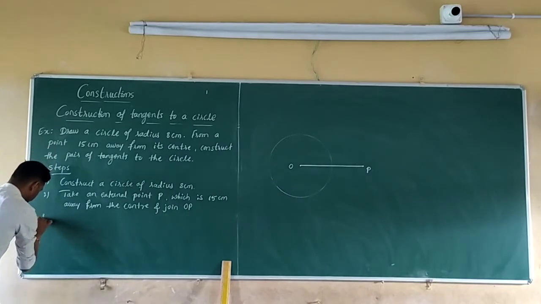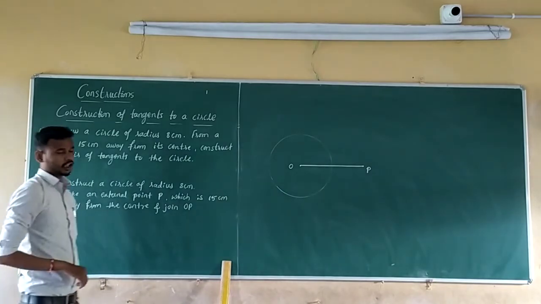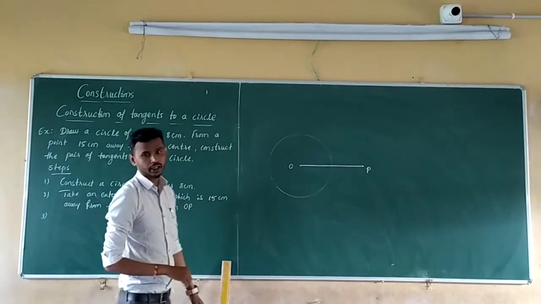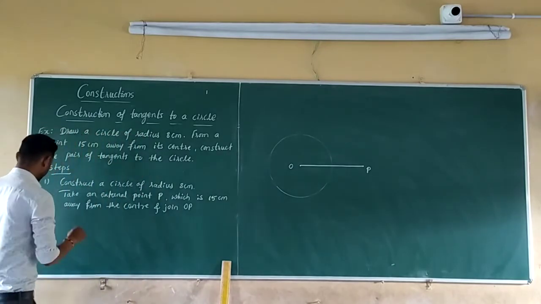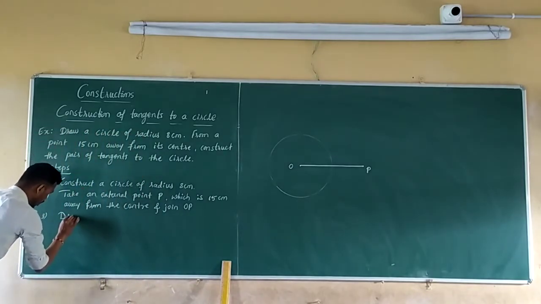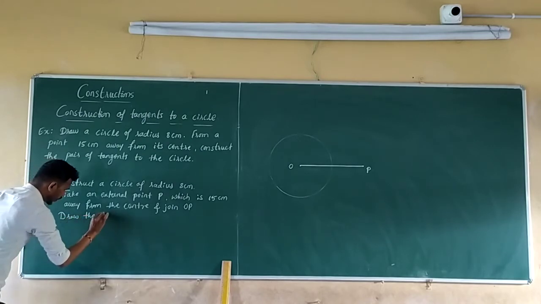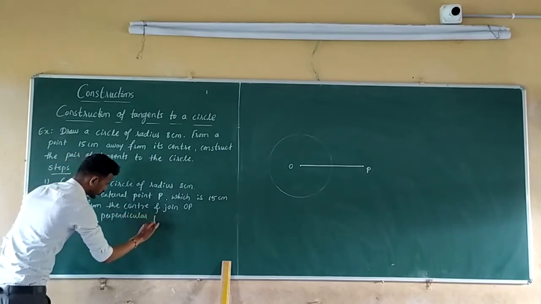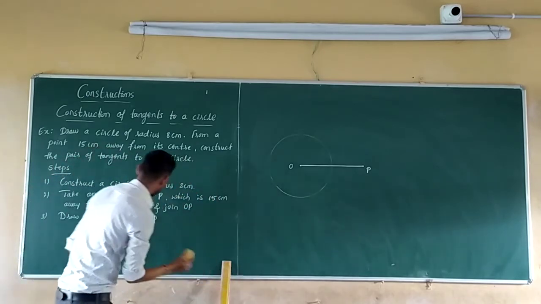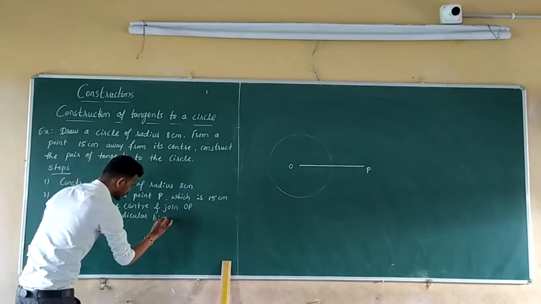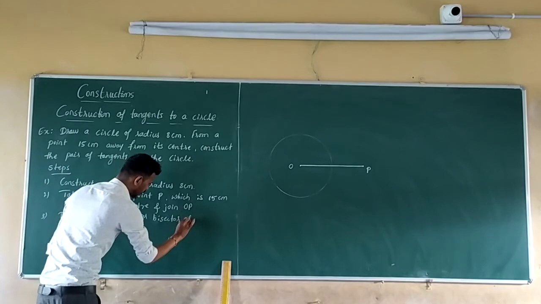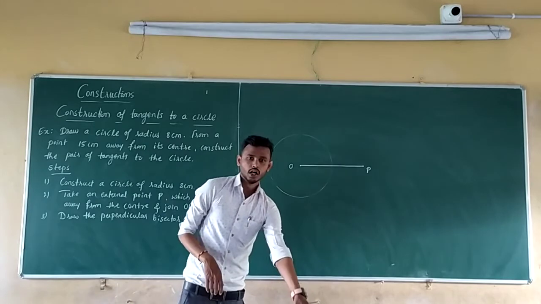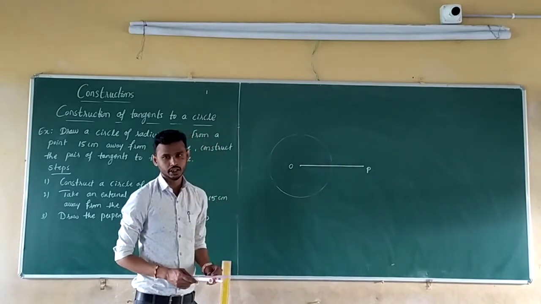Next, what we need to do, third step, is draw the perpendicular bisector of OP. You know how to draw the perpendicular bisector.